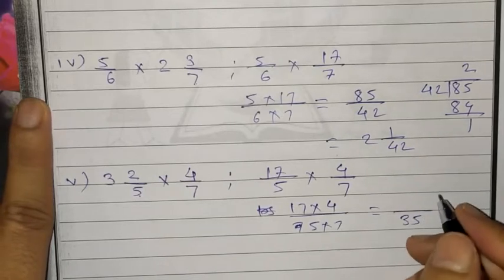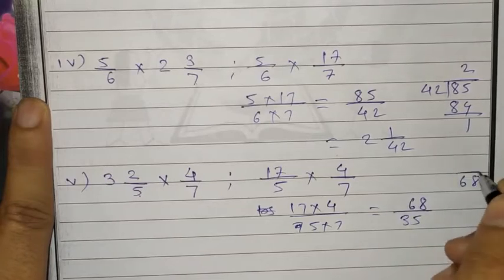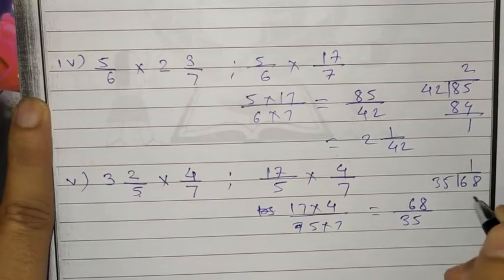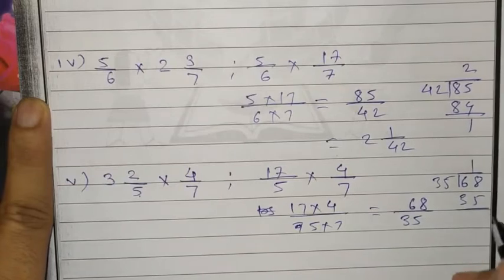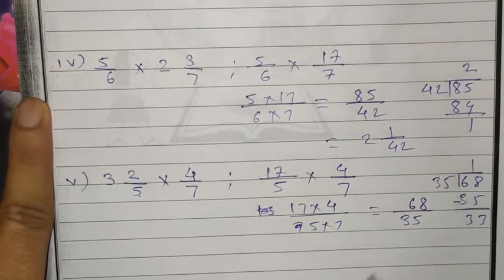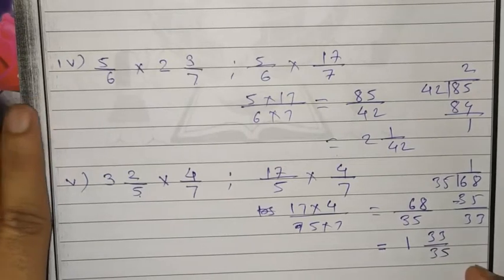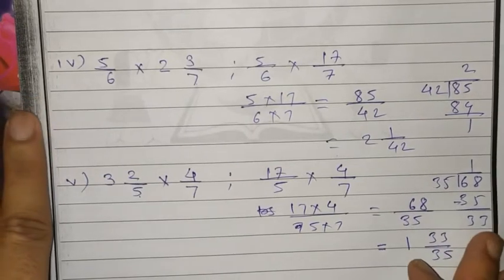Then 17 into 4, so it is 68. So divide this number by 35. So subtract 35 from 68. 8 minus 5 is 3. 6 minus 3 is 3. So our answer is 133 upon 35. This is the answer of this question. After this we will see the next one.